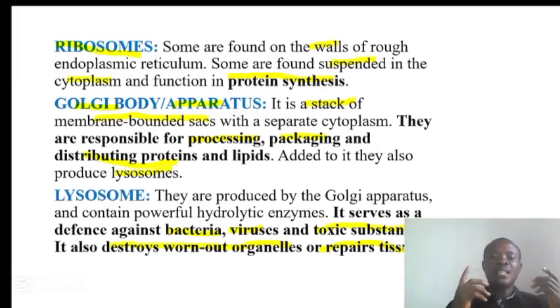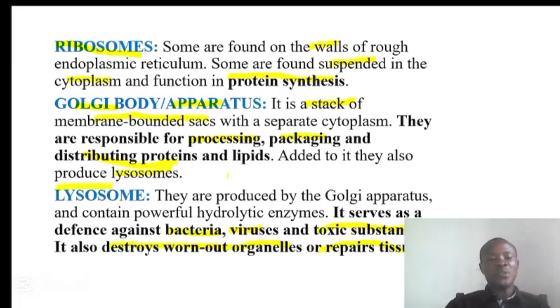What they do is take that part off from the plant by destroying it or causing it to dry up, so that the disease will not transfer to other parts of the plant in order to destroy the whole plant. They can sacrifice that part. That function is done by the lysosome.